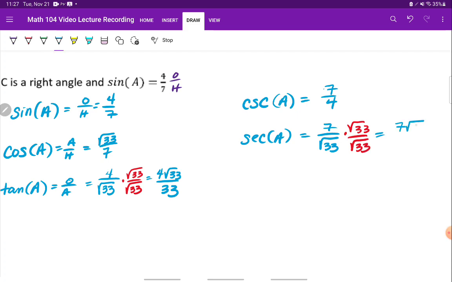We'll get 7 square root of 33 over 33. And then lastly, cotangent of angle A. Tangent we already rationalized, so remember when you do the reciprocal, you want to grab what you had before you rationalized and do the reciprocal of that. That way you won't have to rationalize another time here. We get the square root of 33 over 4.